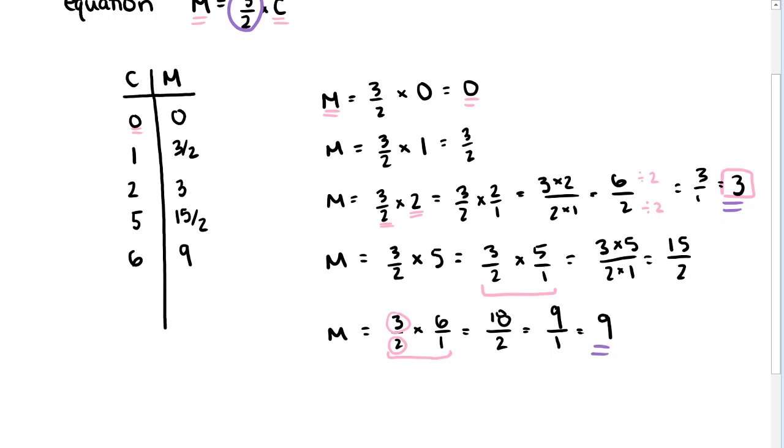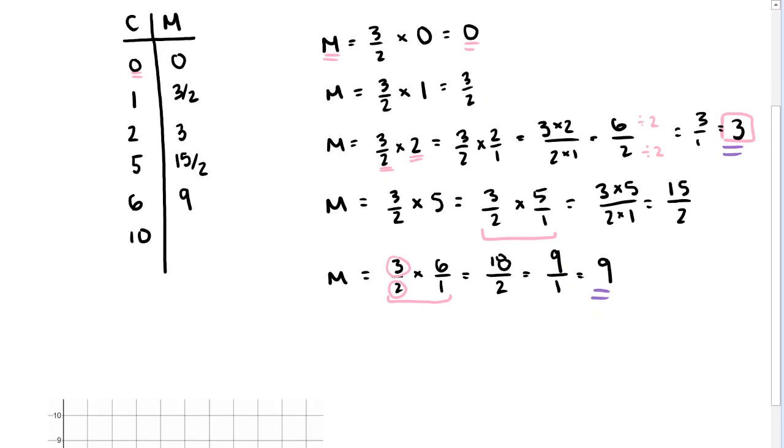And so we were given some values for c here in this table, but of course we could add more pairs of our own, right? So we don't have to be limited by just the values we were given. We can pick our own and make more pairs for this table. And so maybe just to give you a few examples, if we take 10 for c, we can find our corresponding value for m.